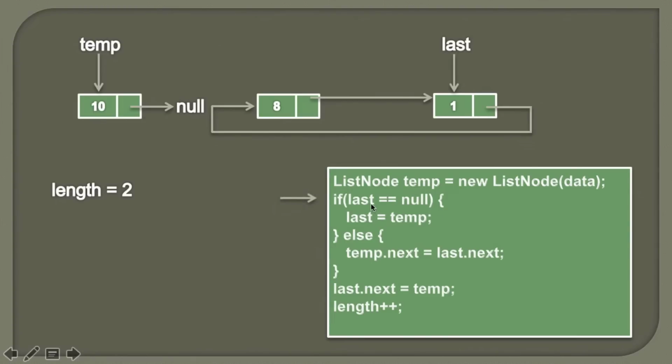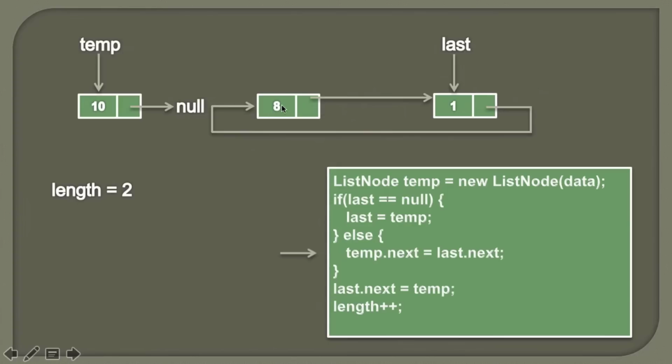So first we'll check whether the list is empty or not. As last is pointing to the node having data as 1, the list is not empty. So in the else block, we are simply assigning the value of last.next to temp.next. As we want to insert this temporary node at the beginning of a circular singly linked list and the first node has the data 8, when we want to insert this temporary node just before that, we need to make this pointer point to this particular node.